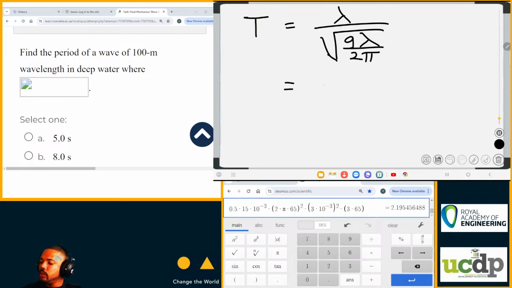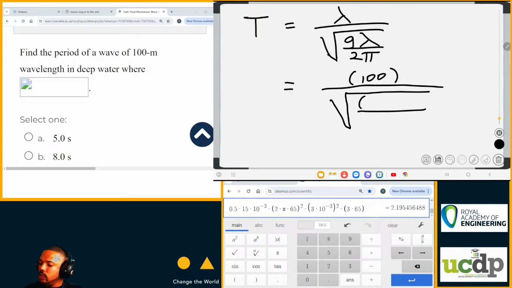Now if we substitute everything we know, the wavelength is 100. I'm not going to put in units. g is 9.81. Lambda is 100. And then 2 pi.